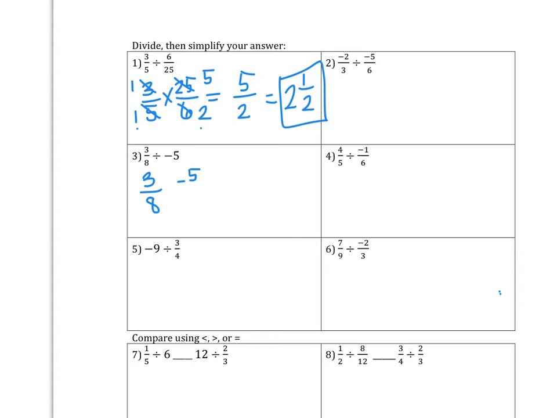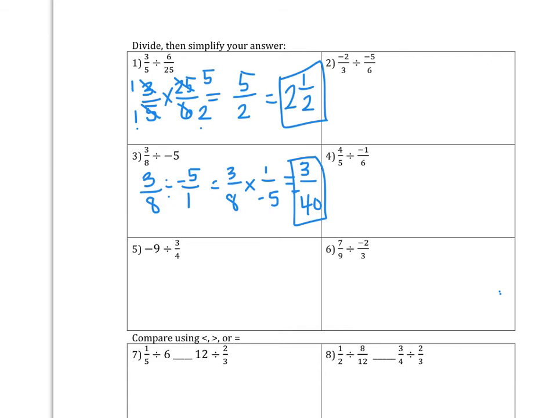I'm going to keep this as a division right now and turn the whole number into a fraction. Now, let's change it into multiplication and then the inverse. Multiply straight across. I have a -5, and that's the only negative I have, so my number is going to be negative. And that is 3/40, and it's negative.